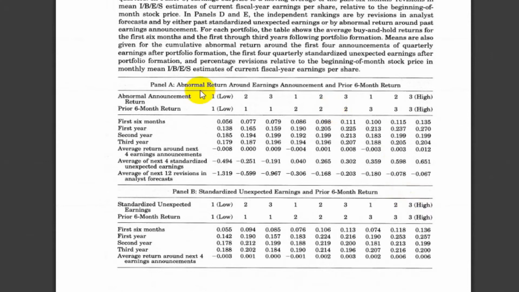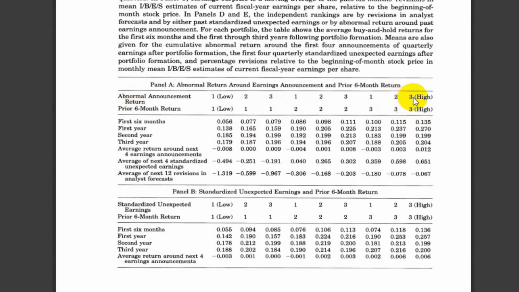Okay, so let's see how this table is structured. In this row we have the prior 6-month return, and remember these are ranked by their prior 6-month return. So here would be the highest past 6-month return, and here would be the lowest. Within each of these groups, they are further ranked by their abnormal announcement return.